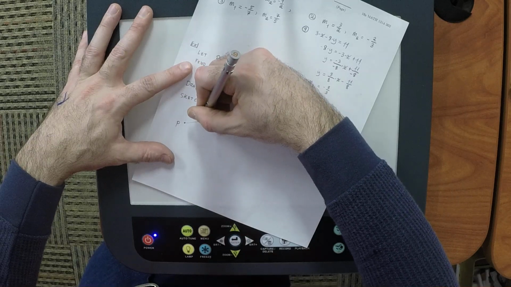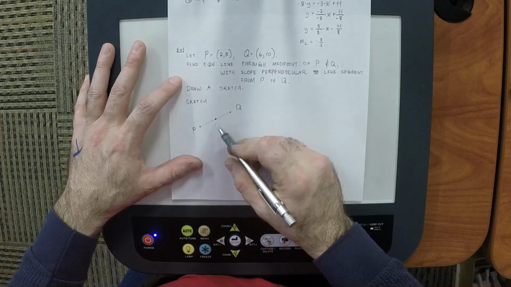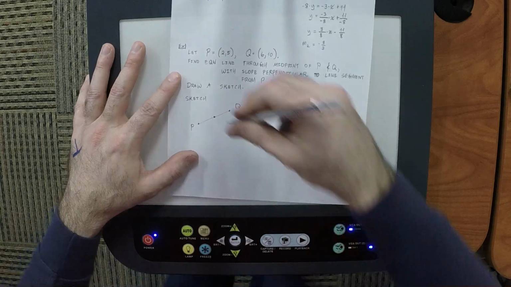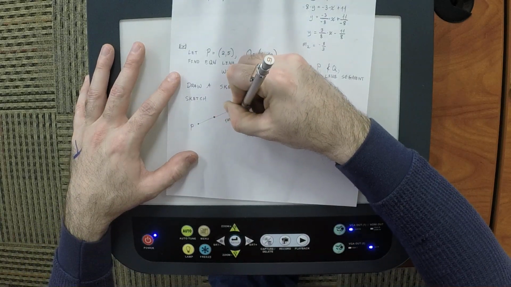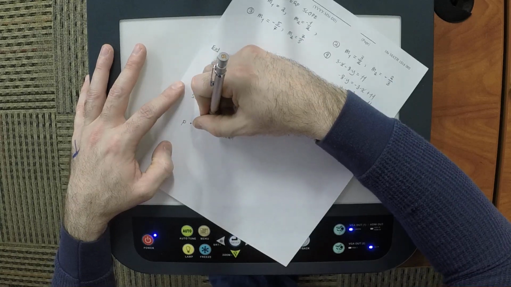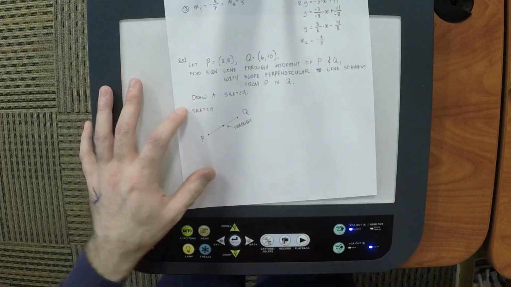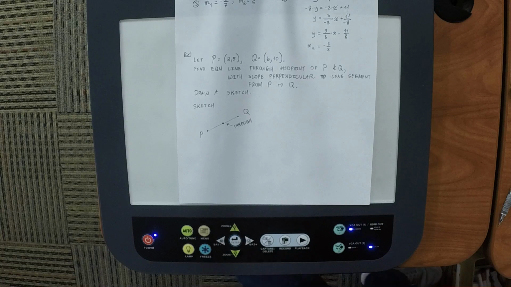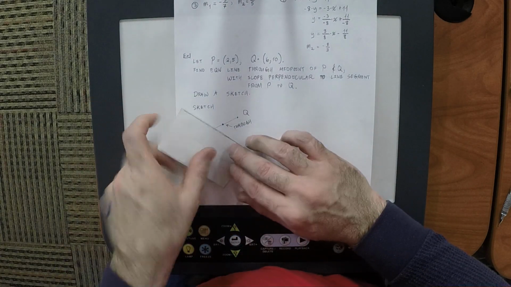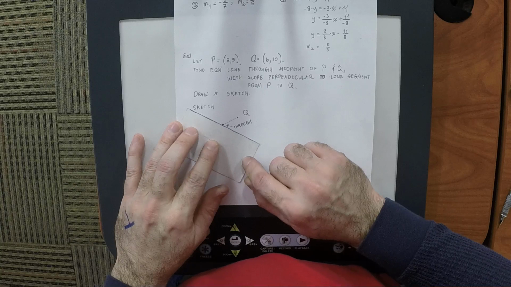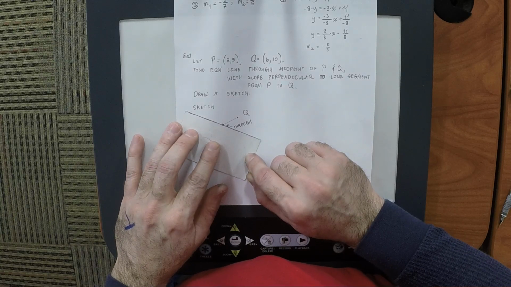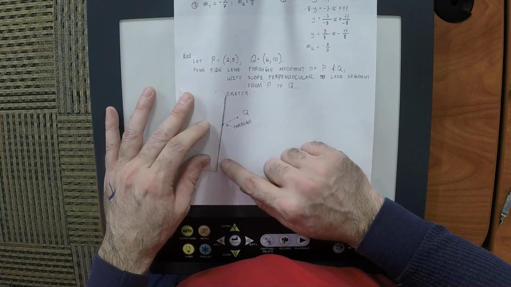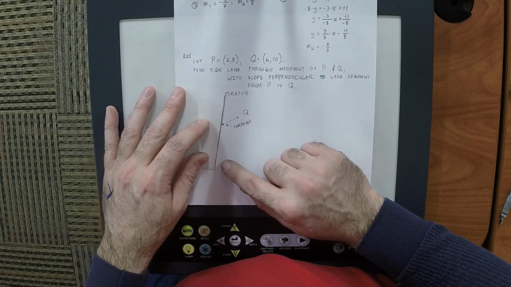Here's the midpoint, right there. The line that we're looking for needs to go through that point. But there's a lot of ways to go through that point. For example, there's a line going through that point, like that. Is that the one that we want? Maybe it's that one?